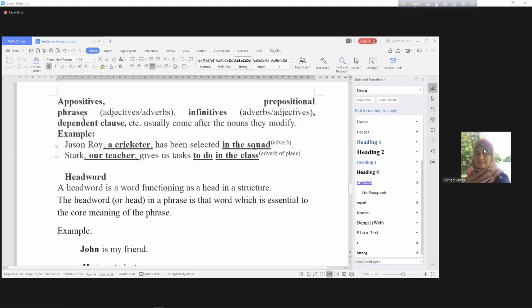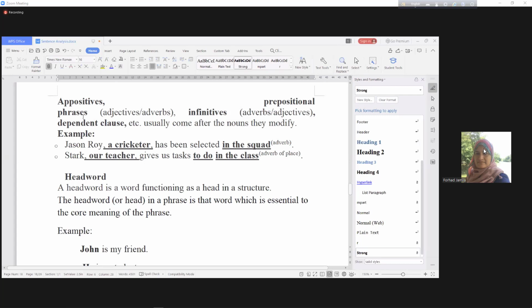বয়, so there are two modifiers, the and tall. Okay, the tall boy with long hair is my friend. So you see, boy is the noun, and with long hair, that is the adjective phrase. That phrase actually modifies what?